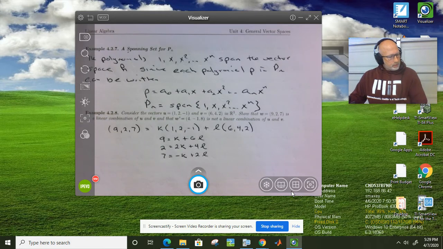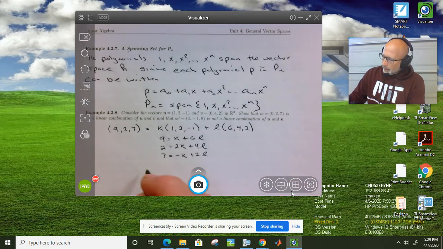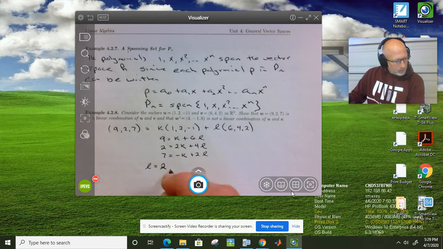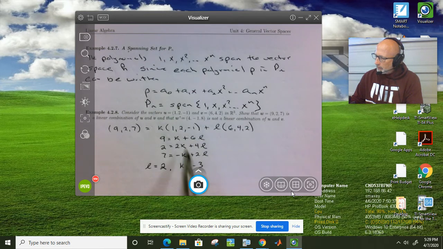It's pretty easy to see that if l is equal to 2 and k is equal to -3, this will work. So 6 times l is 12, minus 3 gives me 9. 2 times -3 is -6 plus 8 gives me 2, and so on.